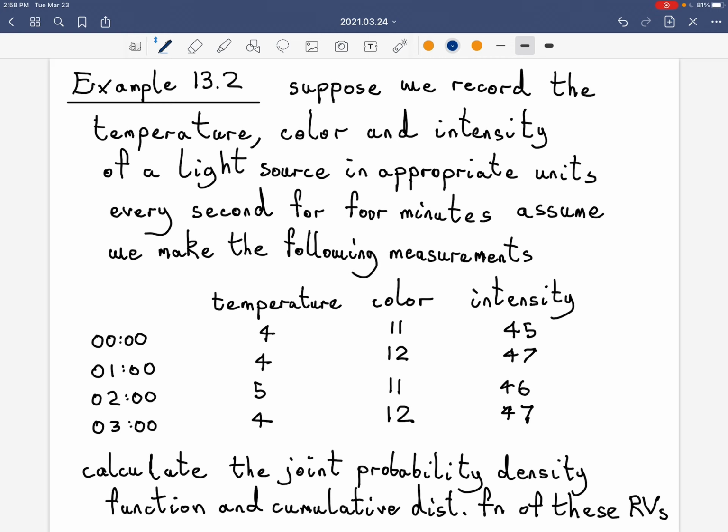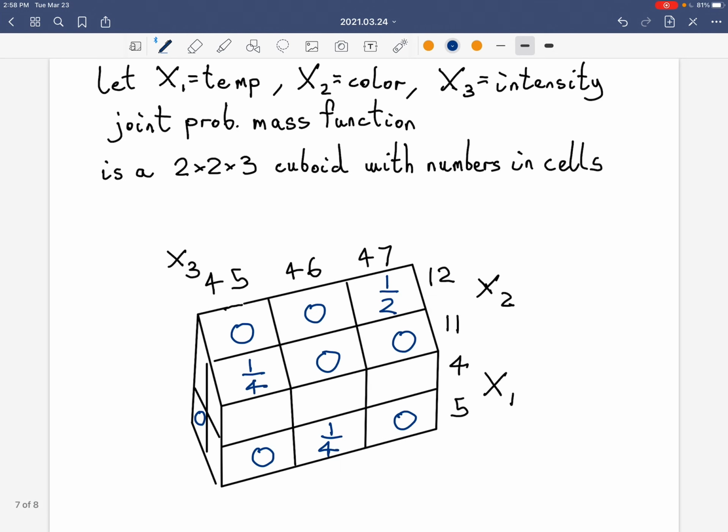I achieved temperature 4, color 12, and intensity 47 at 1 second and at 3 seconds. So from that, I can conclude that out of my 4 timestamps, half of them involved temperature, color, and intensity satisfying 4, 12, 47 as the 3 values. And so I put a half in the cell 4, 12, 47 because half of the timestamps have x1 equal to 4, x2 equal to 12, and x3 equal to 47.